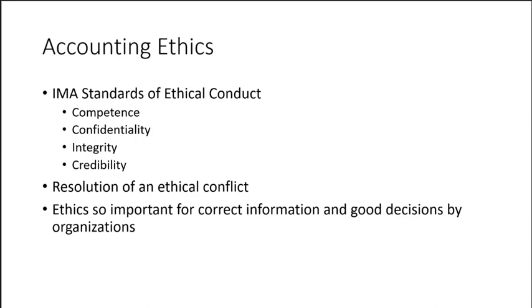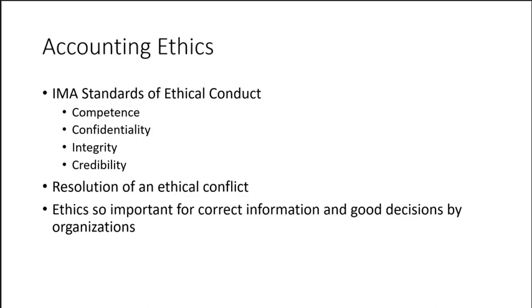So if we have a conflict, meaning we can't decide, or we were asked to do something that we shouldn't do, we should go to our superiors. If the superior is the one that's asking us to do something we're unsure about, or we think will not fit within our standards of conduct, then we should go to the next level, and we may have to go all the way to the top. We may have to go to the board of directors, which should be independent.